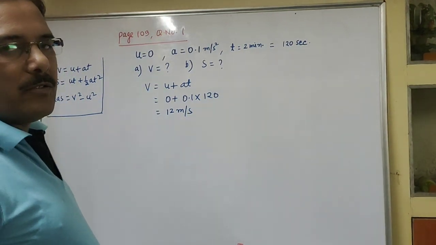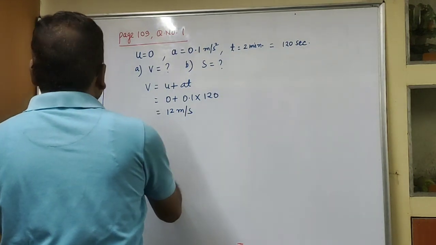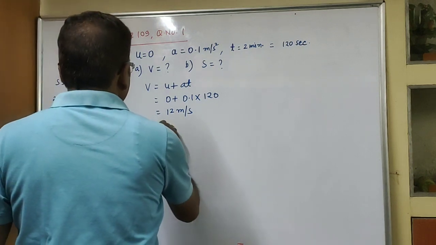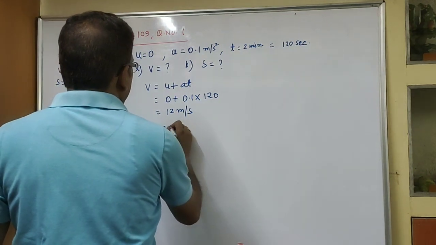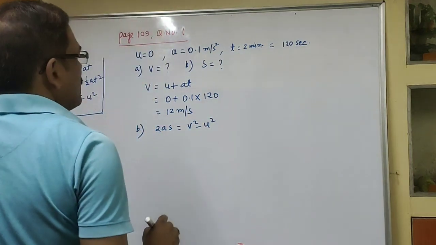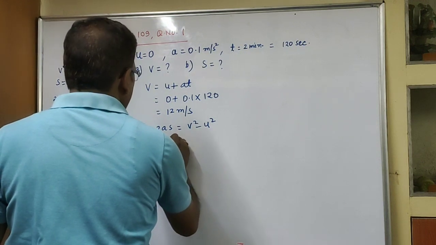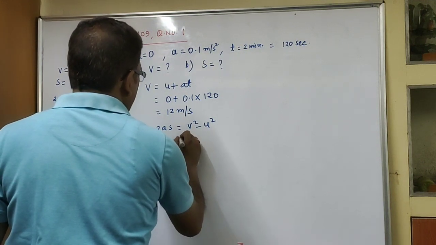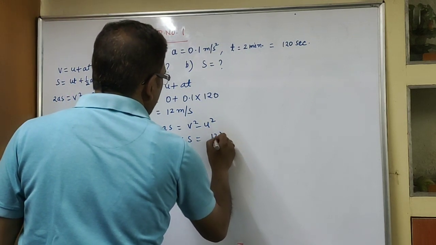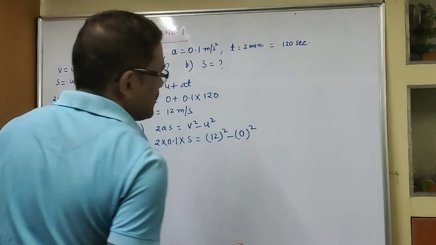So for the b part I am using 2as is equal to v square minus u square. So substitute the values, it will be 2 into 0.1 into s, we have to calculate. v is 12, so it will be 12 square minus u is 0, so 0 square, like this.